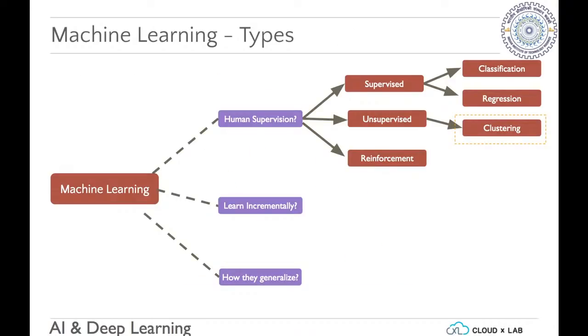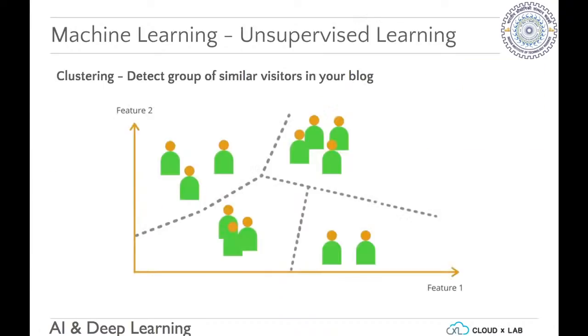In unsupervised machine learning, mostly clustering is there, but there are some more algorithms that I'm not going to talk about here. So clustering problems are the most common problems in unsupervised machine learning. For example, given the history of all my visitors in a blog, can you just create groups of these users? Can you group them? And you say, okay, on what basis? And the person says, I don't care, you just group them. You just figure out some basis on which to group.